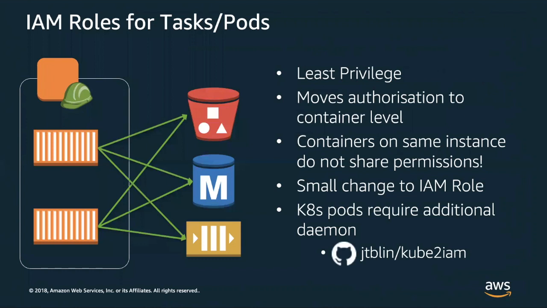If you're doing this on Kubernetes as opposed to ECS, you do need an additional daemon linked down there at the bottom in order to map IAM permissions and Kubernetes permissions together, but more on that later. Also, of course, it means that if you're dealing with permissions on the containers themselves, then you don't need to have shared permissions inherited by a container that happens to be running on the same underlying server.